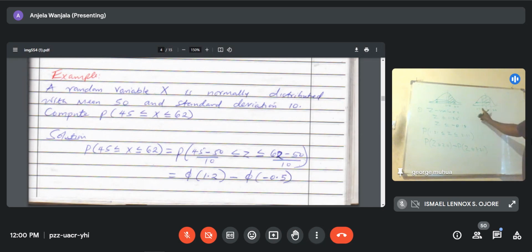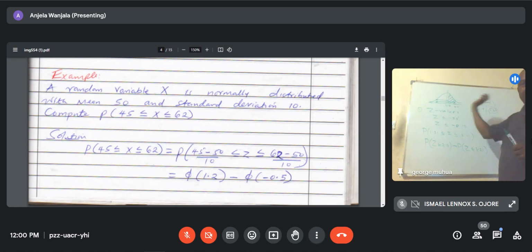If I get it for 1.1, because it will be on this side, assuming the negative, it will include 0.5. So one way is to get the area for 1.23 and subtract 0.5, get the area for 1.1 and subtract 0.5, then add those two areas. I don't know whether I'm clear. Because 1.1, if it was negative, it will be here, so we will read to the left.